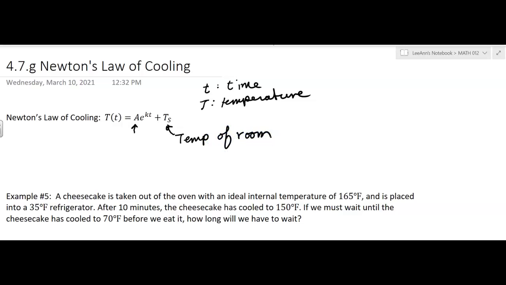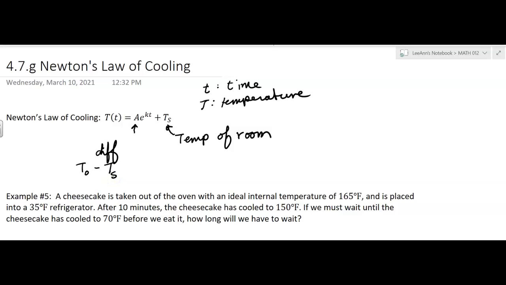Or if it's not in a room, say you put something in a car, it would be the temperature of the air in the car. So that has to do with what they say, the surrounding temperature. Whatever the temperature of the air is. A is the difference between the hot temperature, the temperature initially, I'll say T naught, minus Ts.